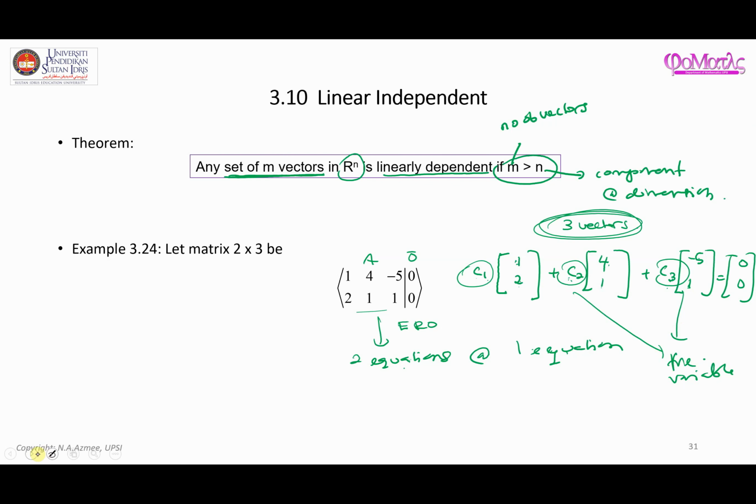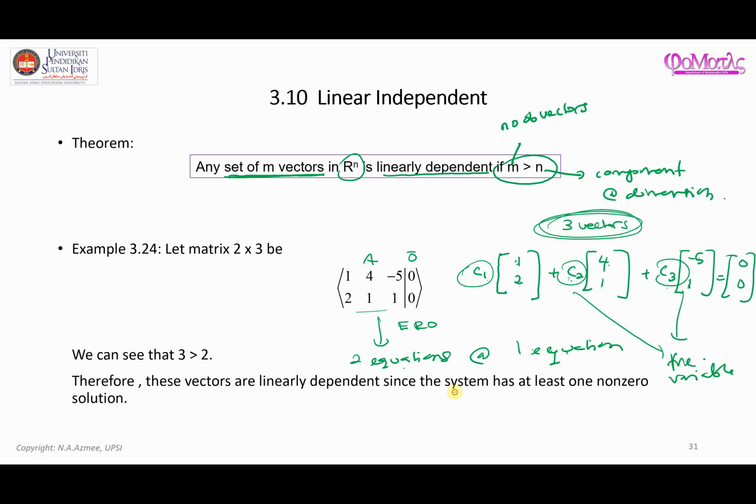And because of that, clearly the system here has at least one non-zero solution. You have a lot of possible solutions in this case, and therefore we will say that the set of vectors here will be linearly dependent.